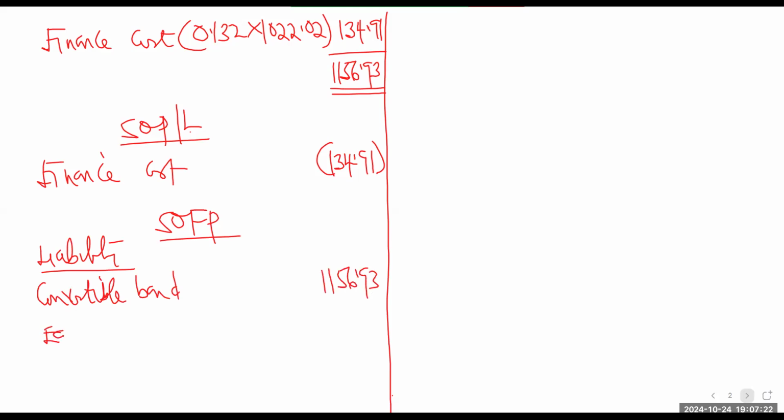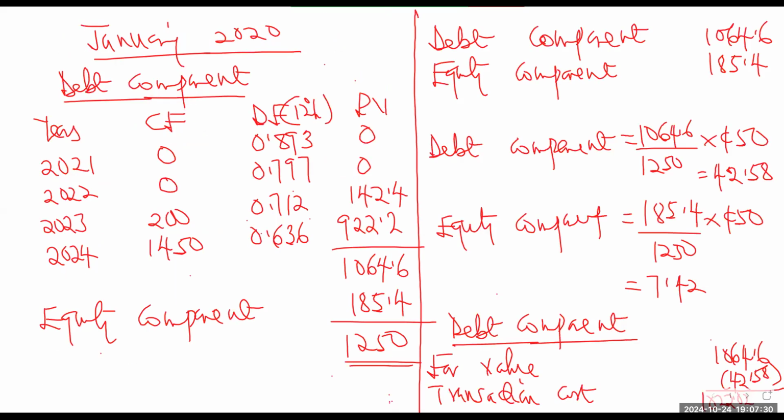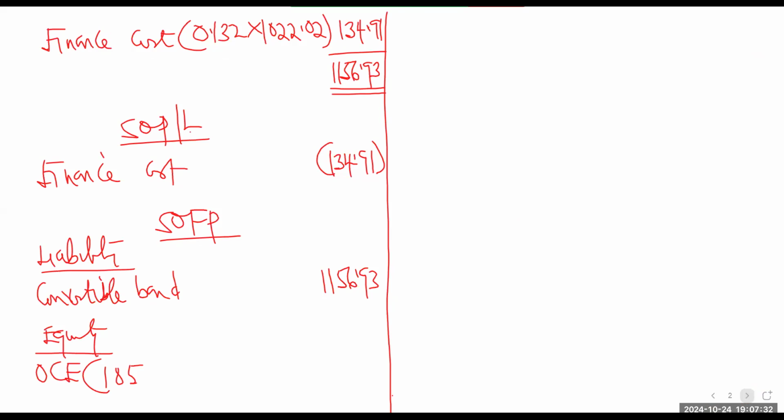Then you come to your equity. You have other components of equity to be 185.4 minus the transaction cost, 7.42. Please, this will be taken from the equity figure.